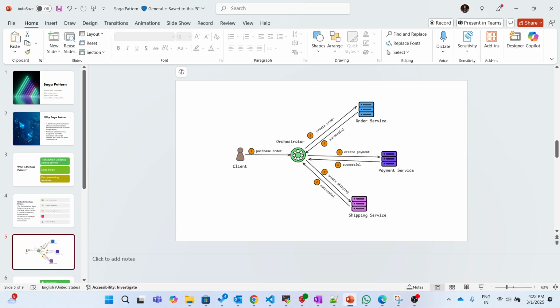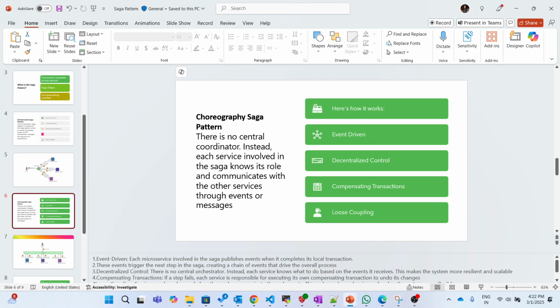Once that service returns success, it calls the create shipping service, and once that is successfully done, it is intimated to the client that the order has been placed. So there is a central orchestrator acting as a gateway for interacting with the different services, and all the requests are triggered from the orchestrator. It is the central coordinator or the central command of the orchestration pattern.